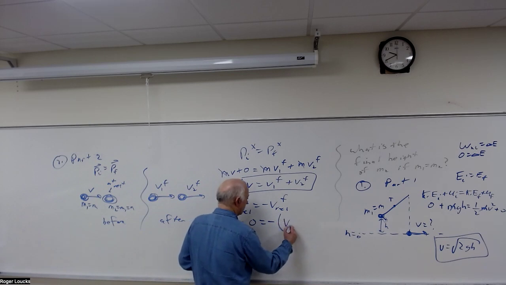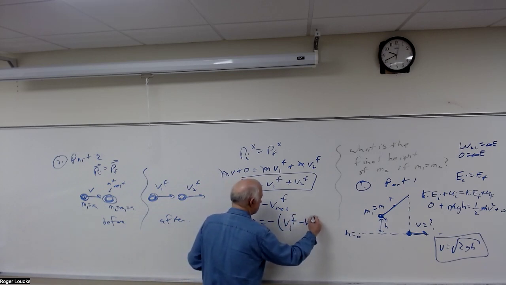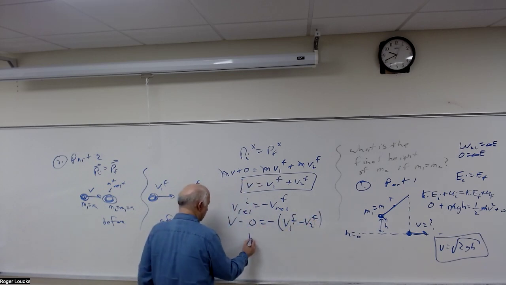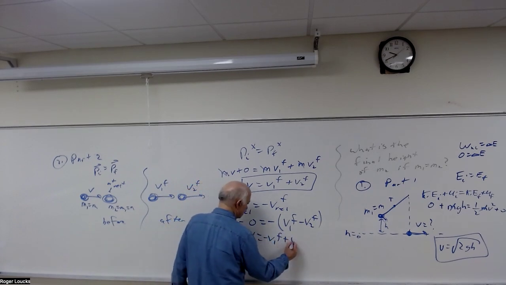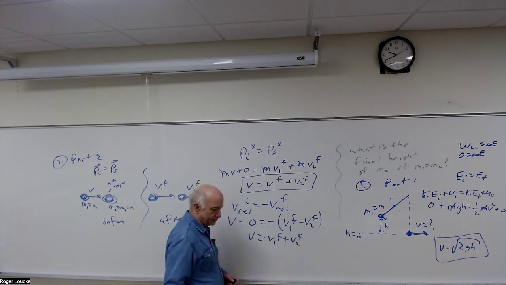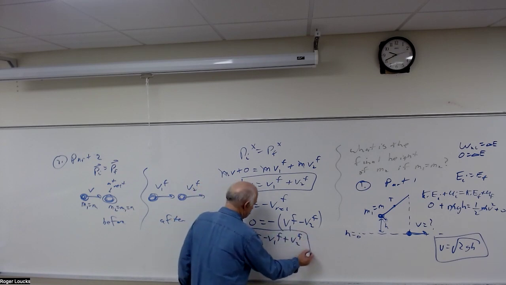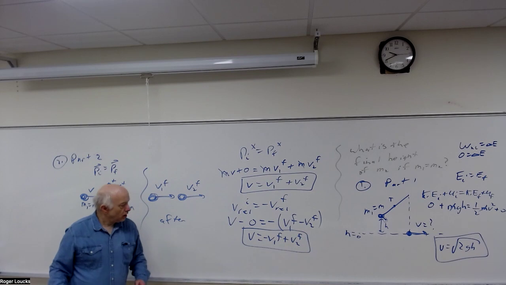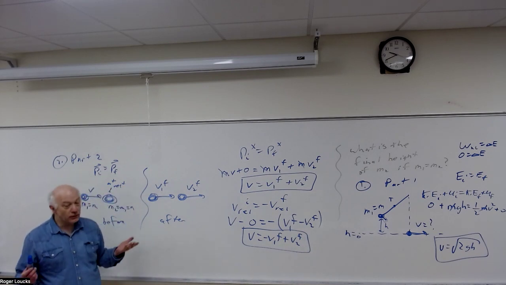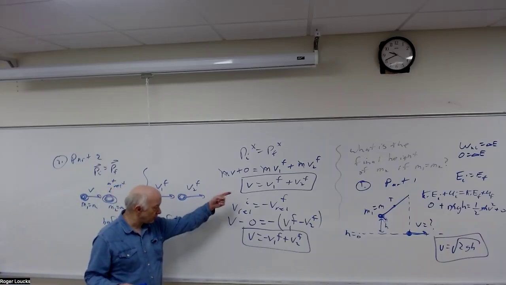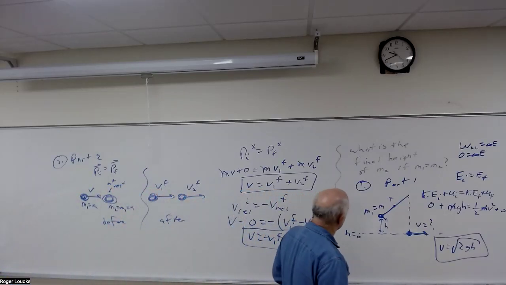So this will be V1 final minus V2 final. If we distribute through the minus sign, then I get that. Okay, how do I solve those? I would just add them. Again, you could solve for one and substitute into the other. In this case, it's just going to be easy to add them.